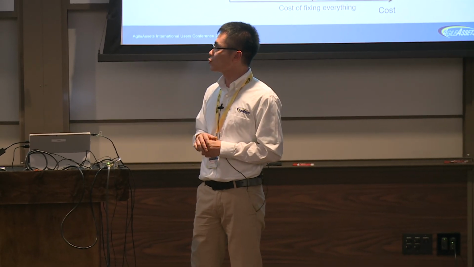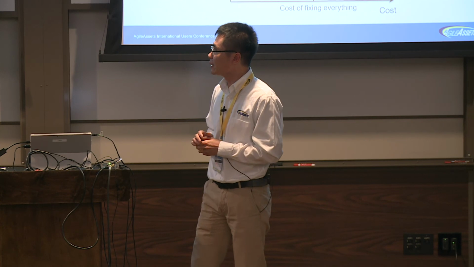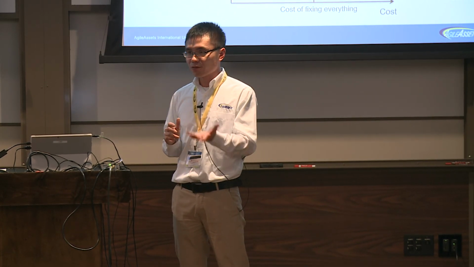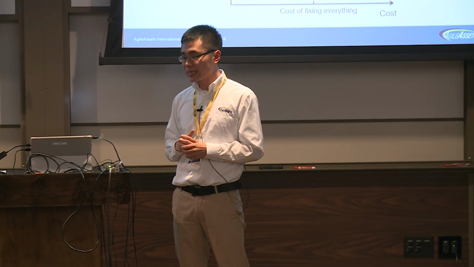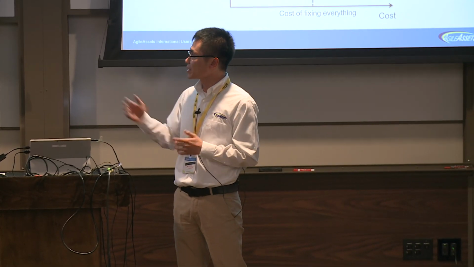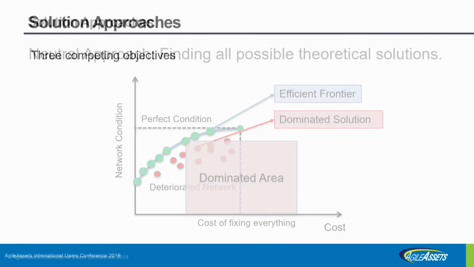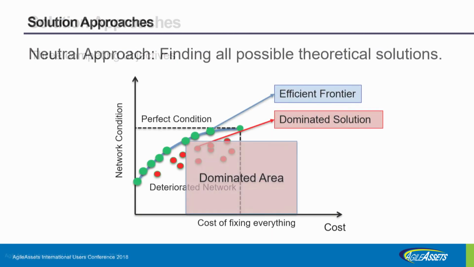If you have been using pavement analysis and using the optimization to run the analysis, you will naturally get to the efficient frontier, and any other solution from analysis will actually be worse than the efficient frontier, because you can either get better results using the same funding resource, or you can achieve the same network condition with smaller funding.